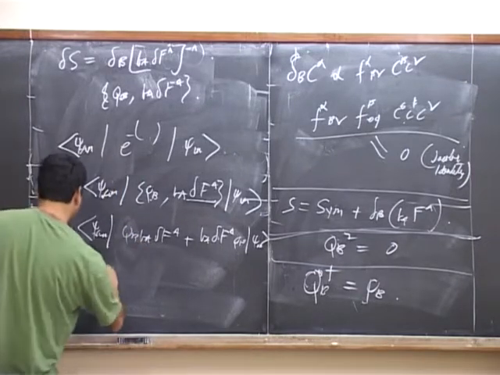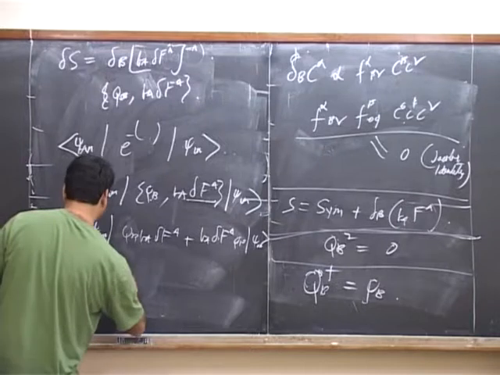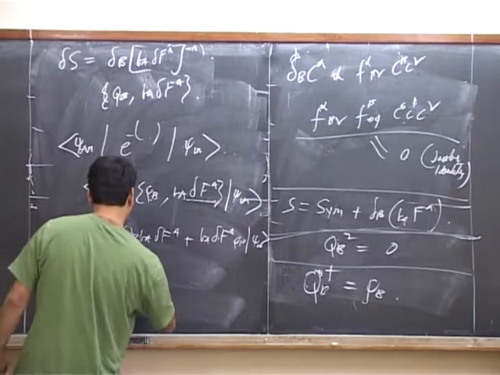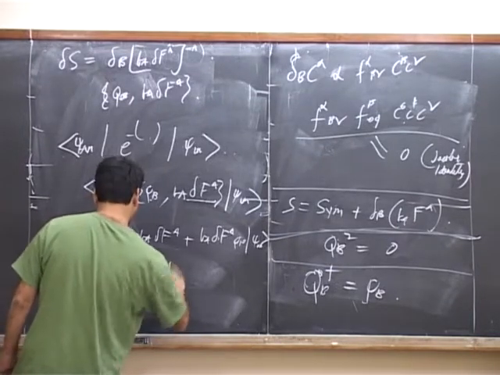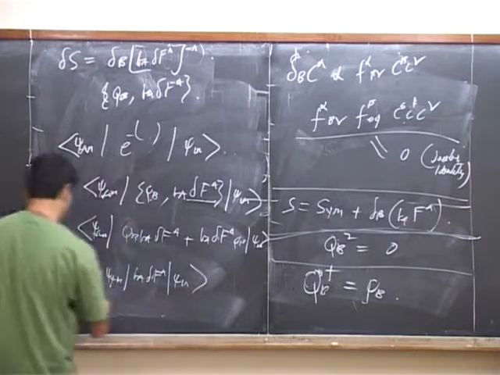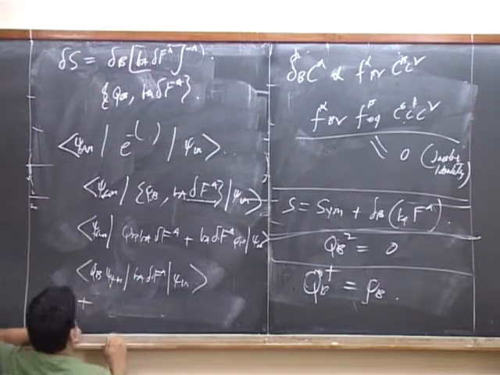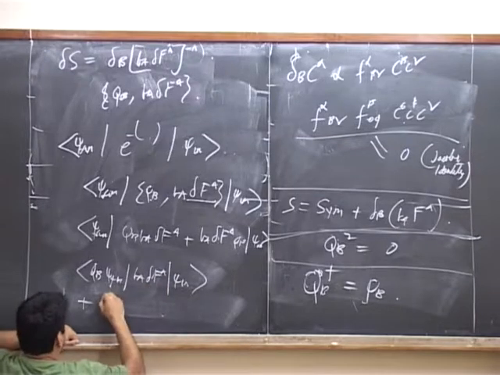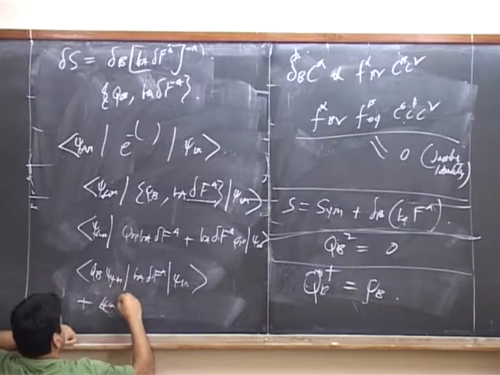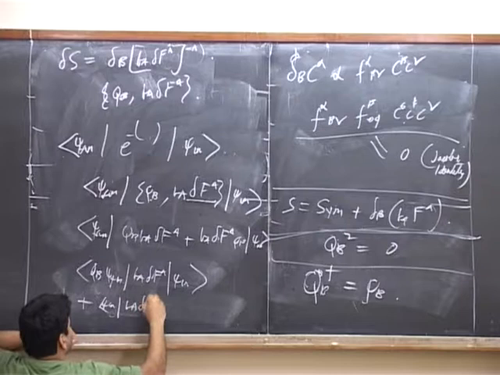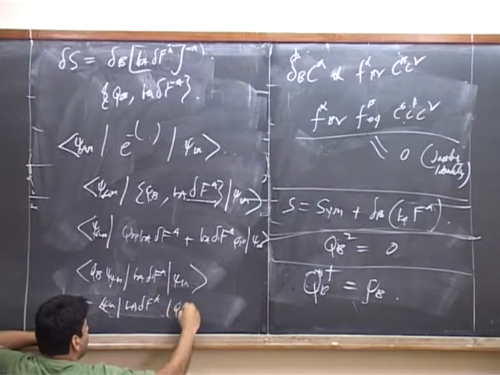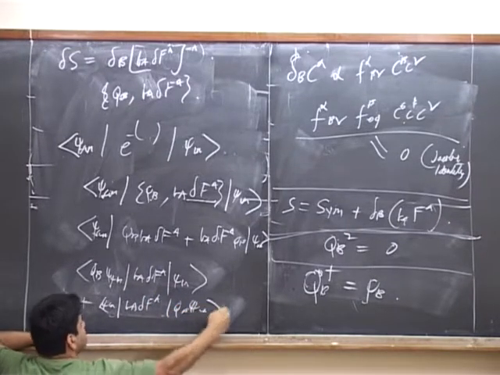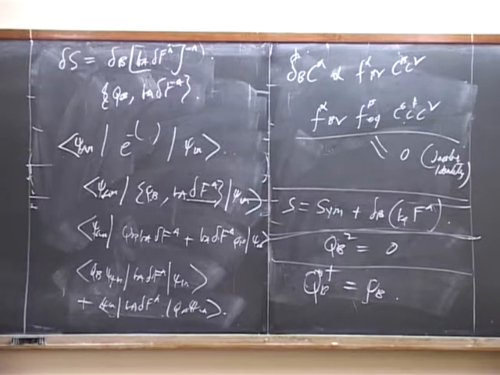We can write this as Q_B on psi fin, B_A delta F^A, psi in, plus psi fin, B_A delta F^A, Q_B on psi in. Okay.